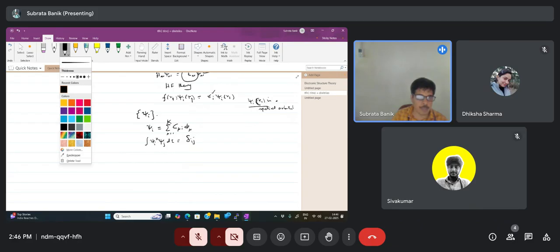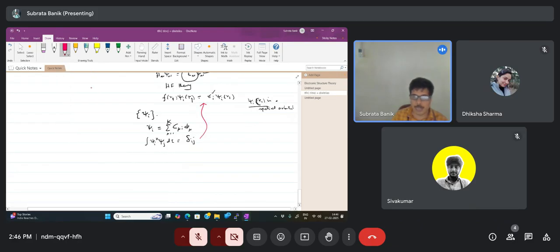If you remember the complete derivation, we put this here and get, instead of one equation, a number of equations. We put here f(r1) sum over mu of C_mu_i phi_mu equal to epsilon_i sum over mu of C_mu_i phi_mu. The number of equations depends on mu.